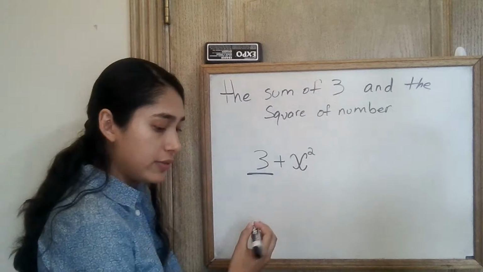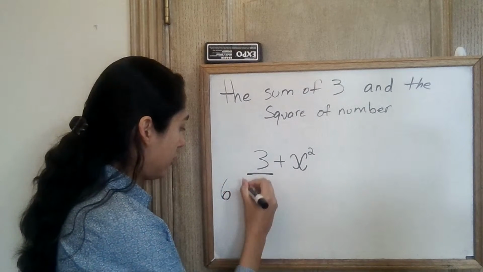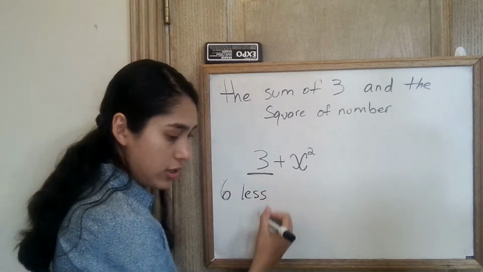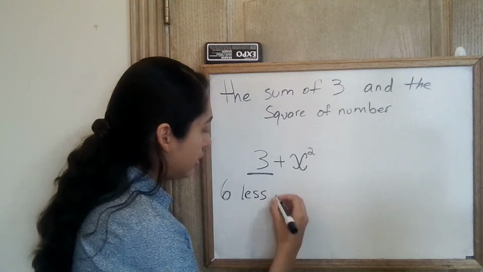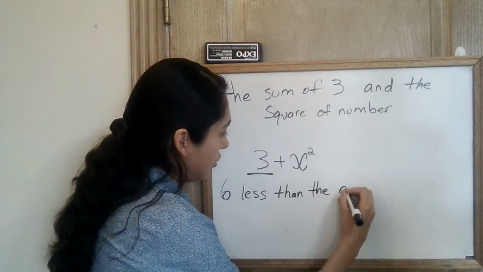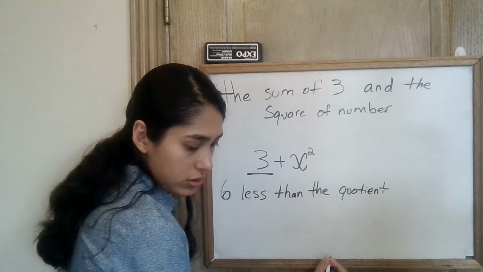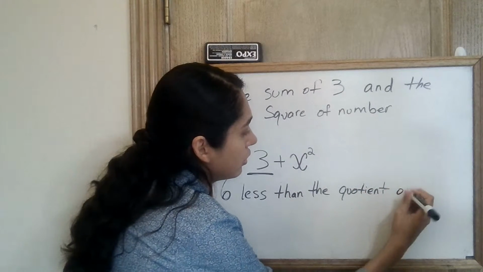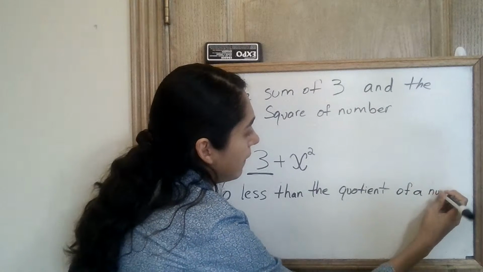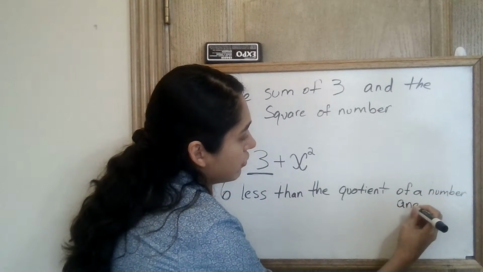So next we have 6 less than the quotient of a number and 2.